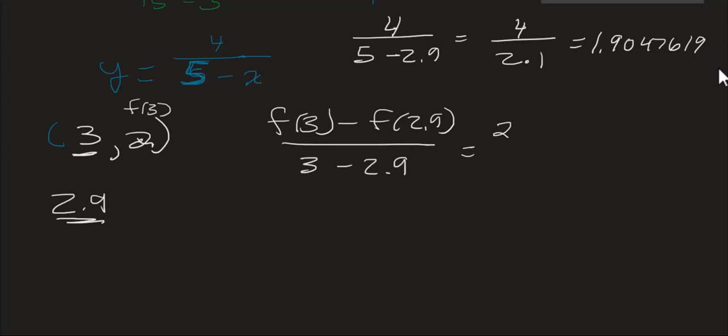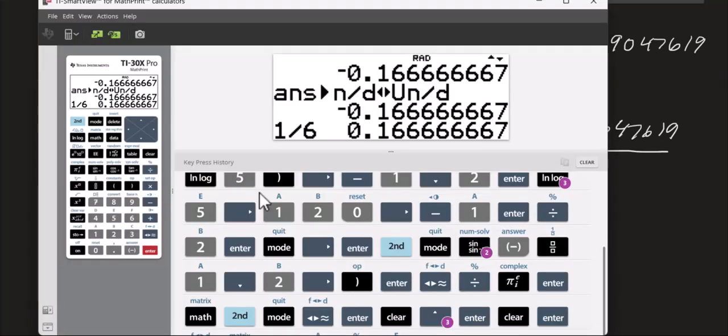I just use the value that's in the calculator. I just copy it from the calculator. I don't necessarily write it down. So 1.9047619 over 0.1.